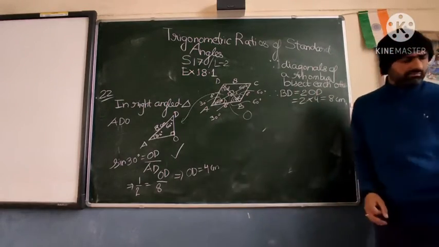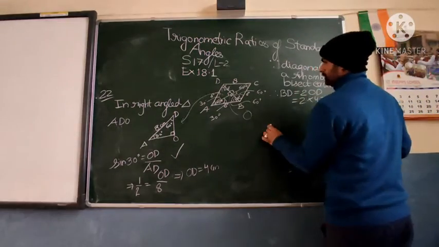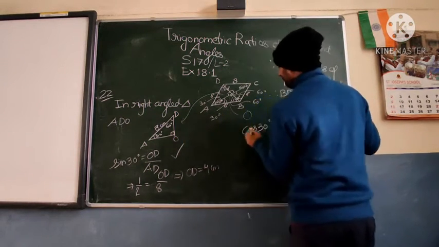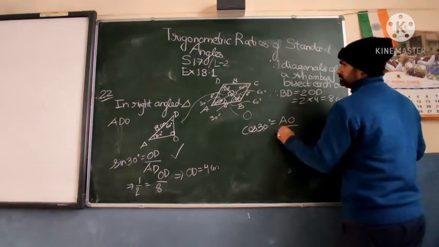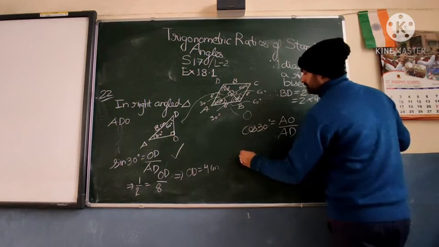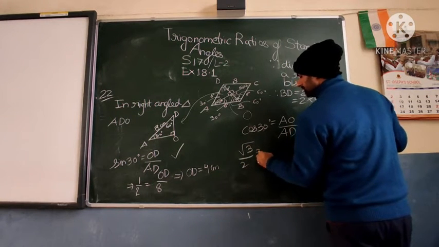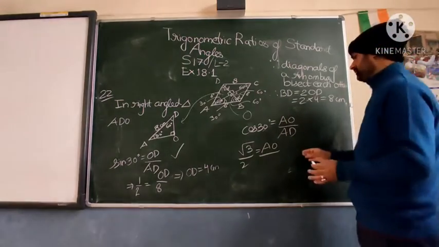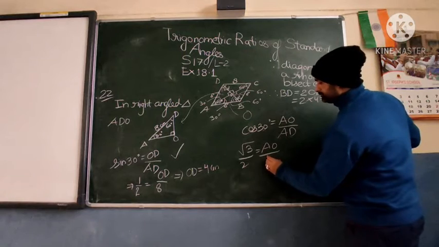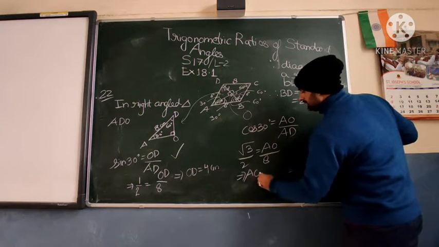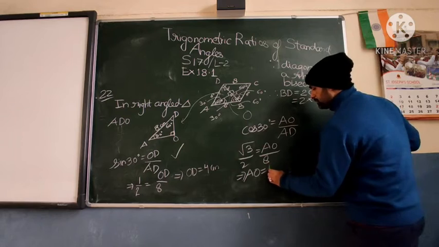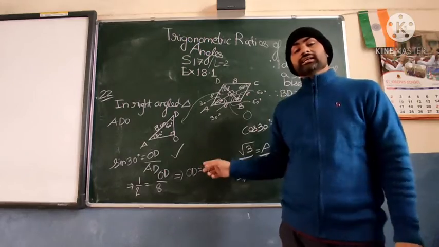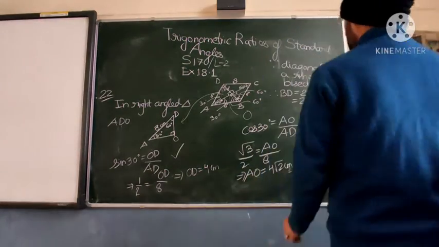So cos 30 degrees. Cos 30 is what? Base is AO upon AD. That means root 3 by 2 is equal to AO upon AD. What is AD? I miswrote something. AD is 8. AO is equal to 4 root 3. I wrote AD there, but it will not be correct. Okay. Just correct that.